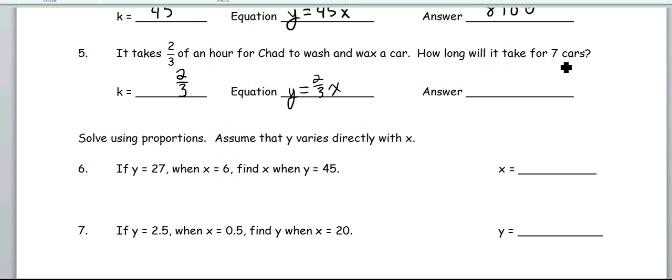So now I need to plug in 7. Now is 7 the y or is it the x? It's 2/3 of an hour for Chad to wash and wax a car, 2/3 for 1 car. So I'll plug it in for the x.